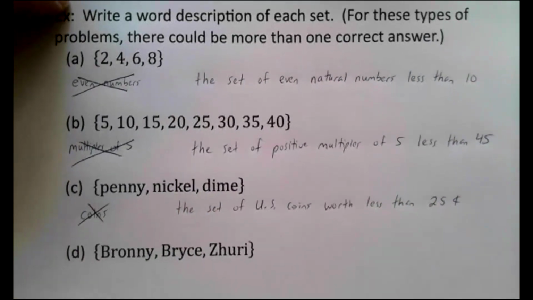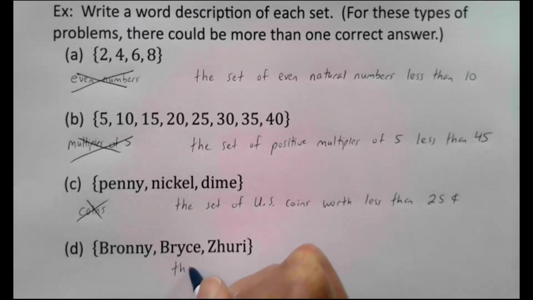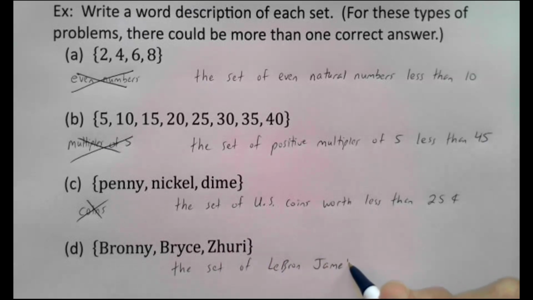The last one, I don't think the last one is a fair test question. I think the first three, these are good test questions. I would not ask you this one on a test, but some of you might know that these are LeBron James's kids, right? LeBron James, the basketball player, he has 3 kids, and those are their names.